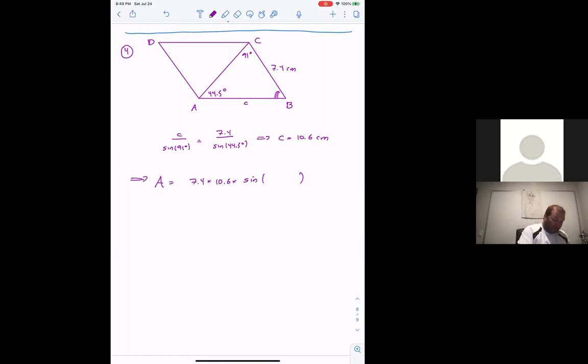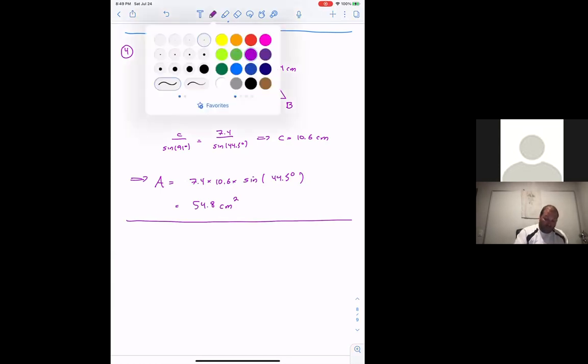So 180 minus the sum gives us 44.5 degrees for B hat. So sine of 44.5 degrees times the entire 10.6 times 7.4 gives me an area of 54.8 square centimeters.